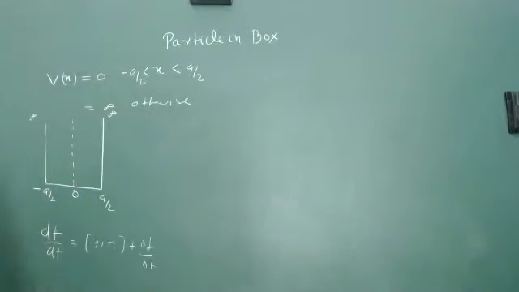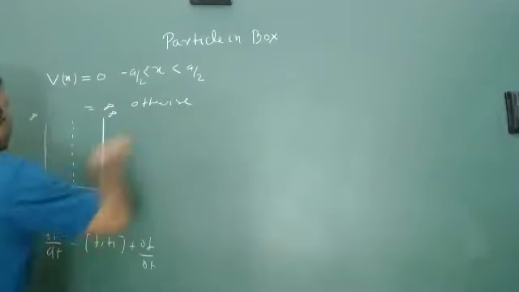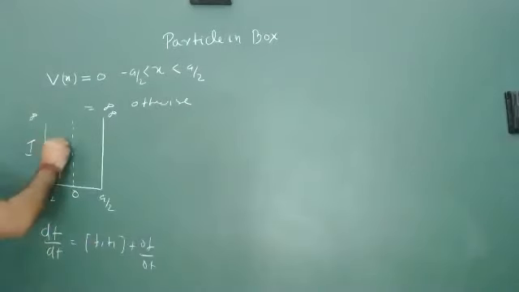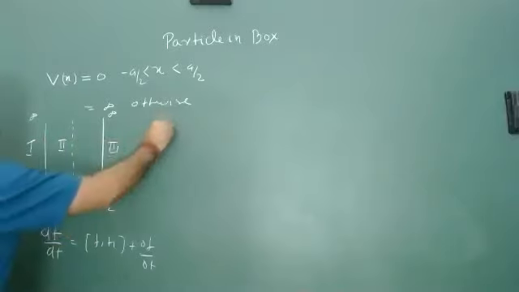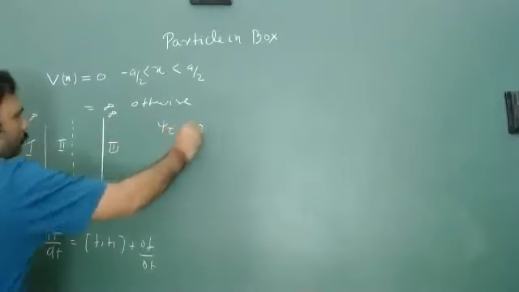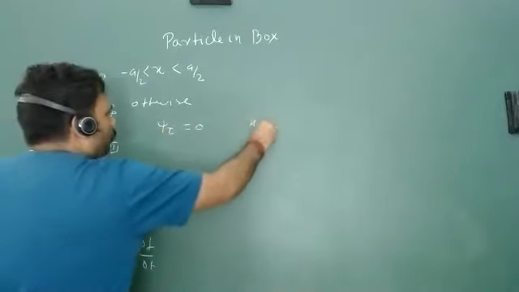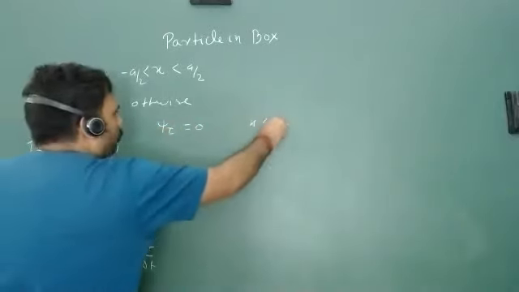Okay, so let's try to figure it out. Obviously this is region 1, this is region 2, this is region 3. So in region 1, psi 1 is 0, we all know, for x less than minus a by 2.